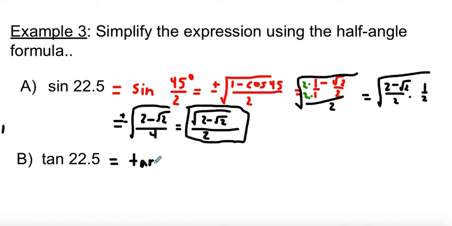again, we got to think about 22.5. What divided by 2 is going to give you 22.5, and it's got to be 45. So follow your half angle formula through. It says 1 minus the cosine of x, which in this case is 45, divided by the sine of 45.